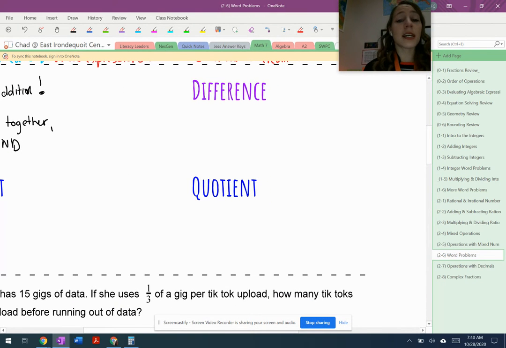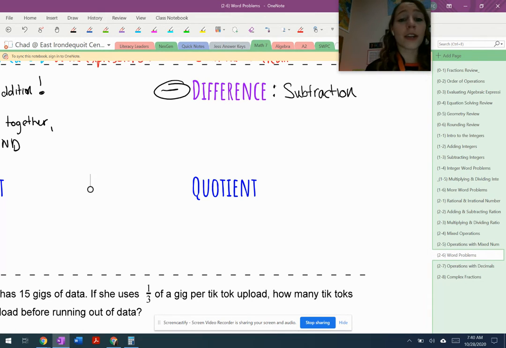So sum means addition. Difference is the opposite of sum. So difference is telling you to do subtraction. Words that could tell you to find the difference or do subtraction could be how much more.